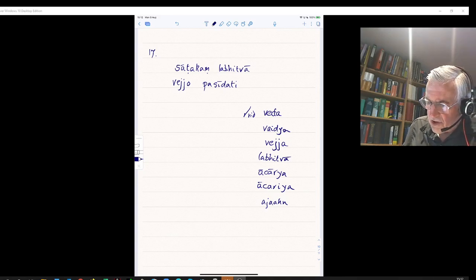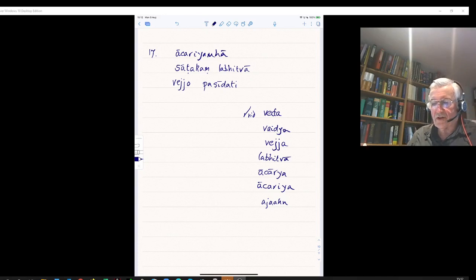So from the teacher, acharyamha, or just acharya. So, having received a garment from the teacher, the doctor is pleased. So, acharyamha sartakam labhitva vedjo pasidati. Read it again. Acharyamha sartakam labhitva vedjo pasidati.